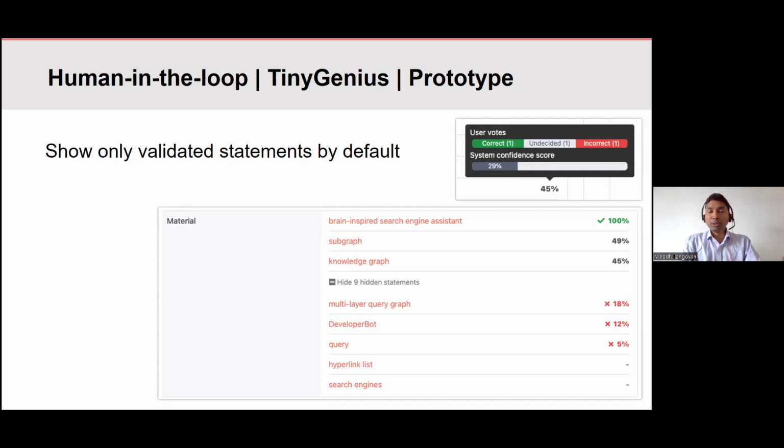And we are using such systems within the Open Research Knowledge Graph for humans to make decisions on what kind of representation is the best, which has been partially generated by machines and curated by humans already.